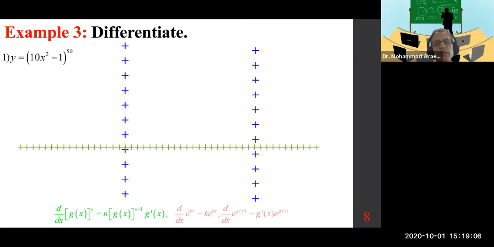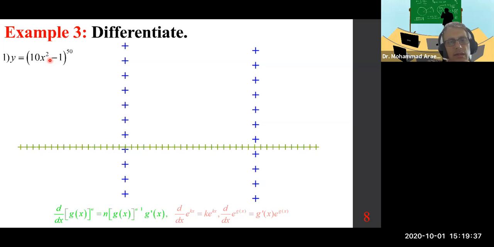Starting with a very simple example, and pay attention to the first one that uses the extended power rule. So something, never mind what's in there, you can ignore it. Something to the power of 50. So what is the derivative? 50 sits in front, becomes the coefficient. The exponent goes down by 1, becomes 49.